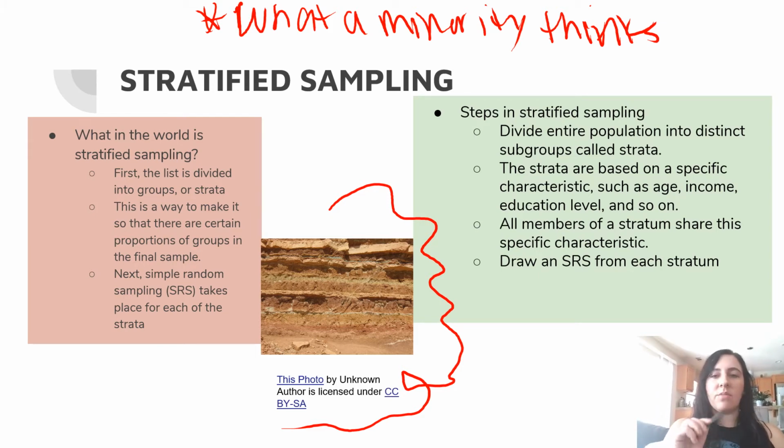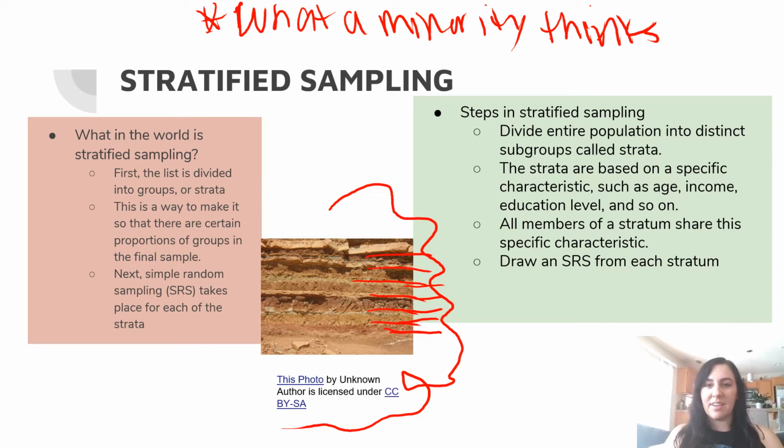The root word is strata, right? Strata or stratum, they're like these little striations, these different layers. So a good synonym could just be layers, all right? Or different levels.